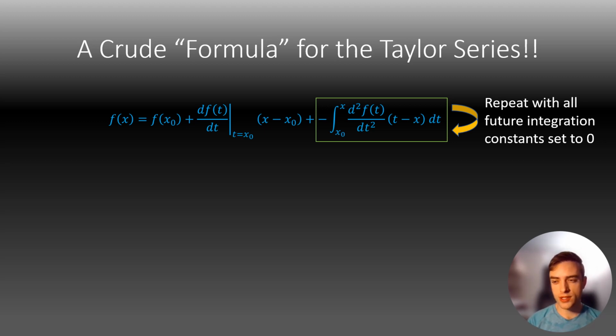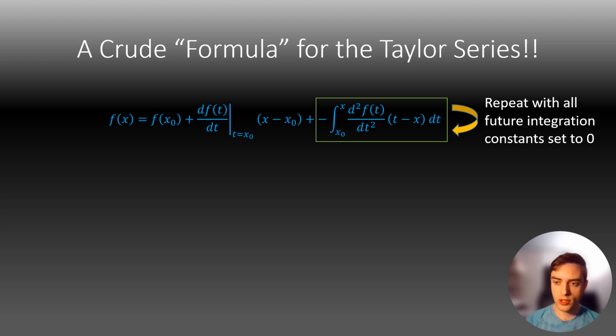And all we really need to do to invent a crude yet fully functional procedure, at a bare minimum, is to take the fundamental theorem of calculus, rearrange the formula to solve for f of x, apply integration by parts to the expandable integral term at the end, choose the integration constant to be negative x, and then just continue to expand with all future integration constants set to equal 0, just as we did in the second integration by parts.